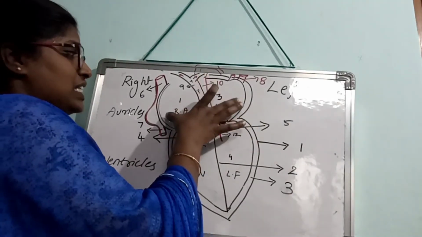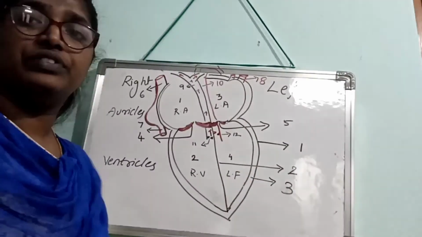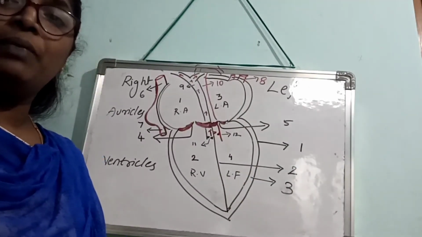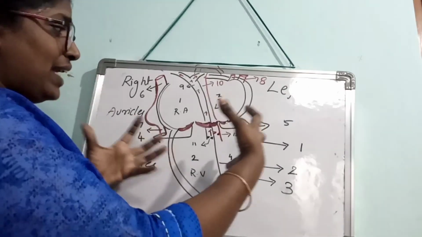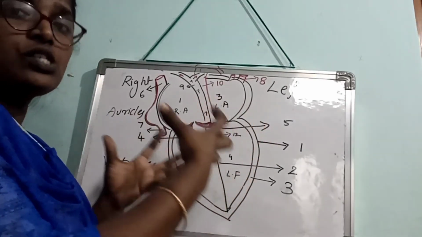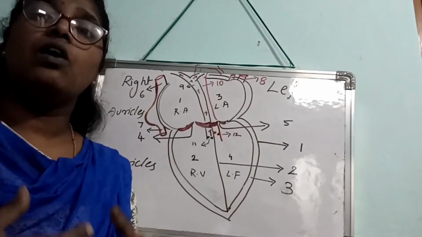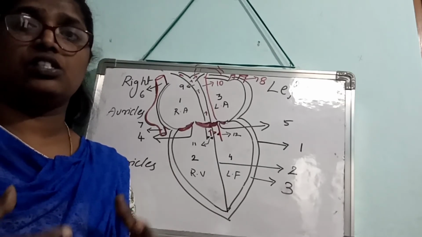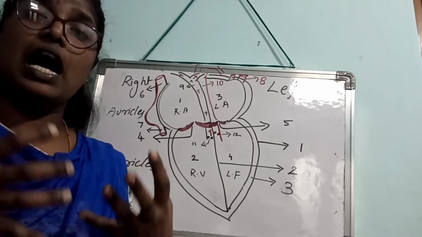Coming to the muscular nature of the heart. The blood vessels which supply blood to the walls of the heart, we call coronary vessels, C-O-R-O-N-A-R-Y.